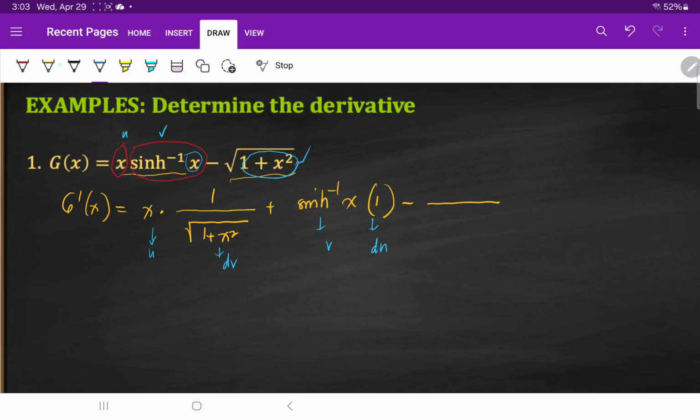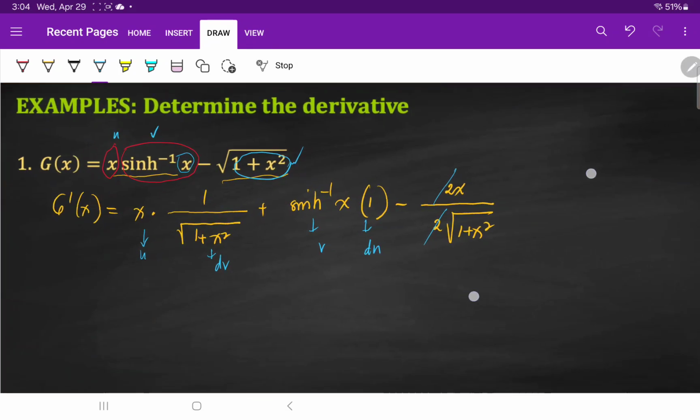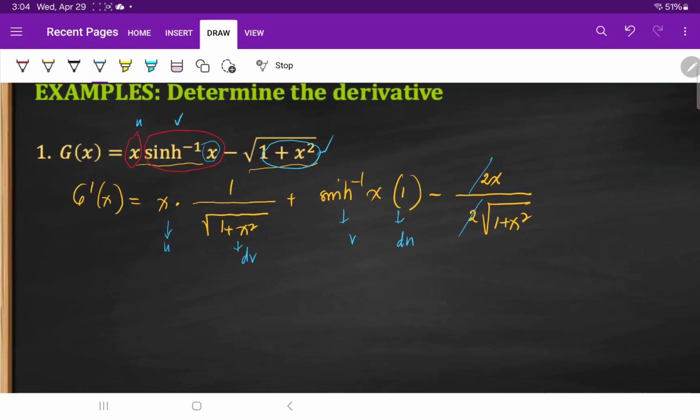So the derivative of 1 plus x squared is 2x over 2 square root of 1 plus x squared. The 2 will cancel, and you have here x times 1 over the square root of 1 plus x squared, and it's the same as this one.